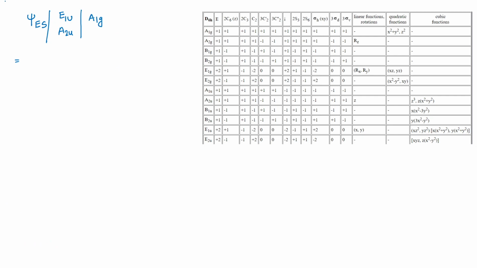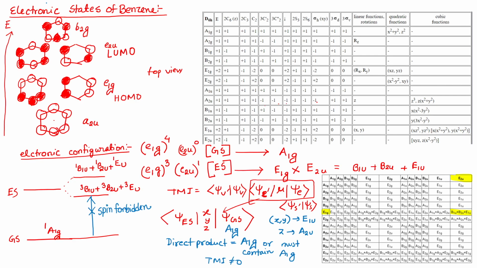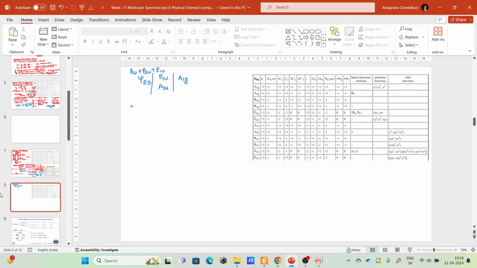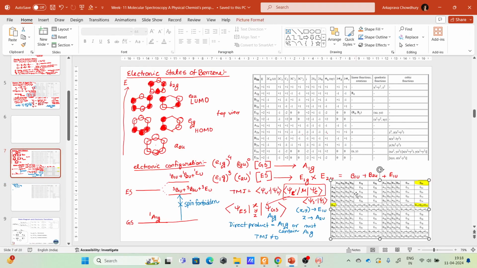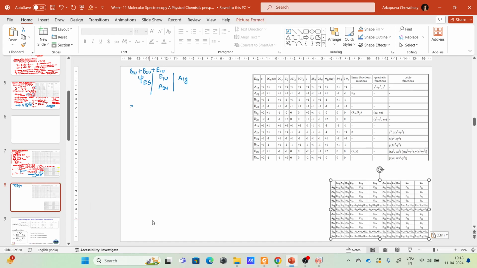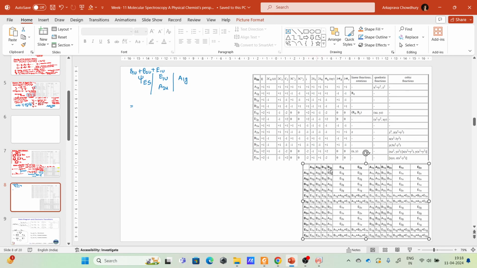Now psi ES, we have options like B1U plus B2U, I guess, plus E1U. So I'll require the product table again on this page. Maybe I can click now.